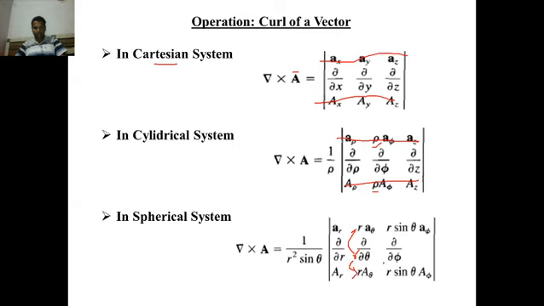Similarly, r sin theta is missing in the third differential length, that's why r sin theta is added in the first row as well as in the third row.